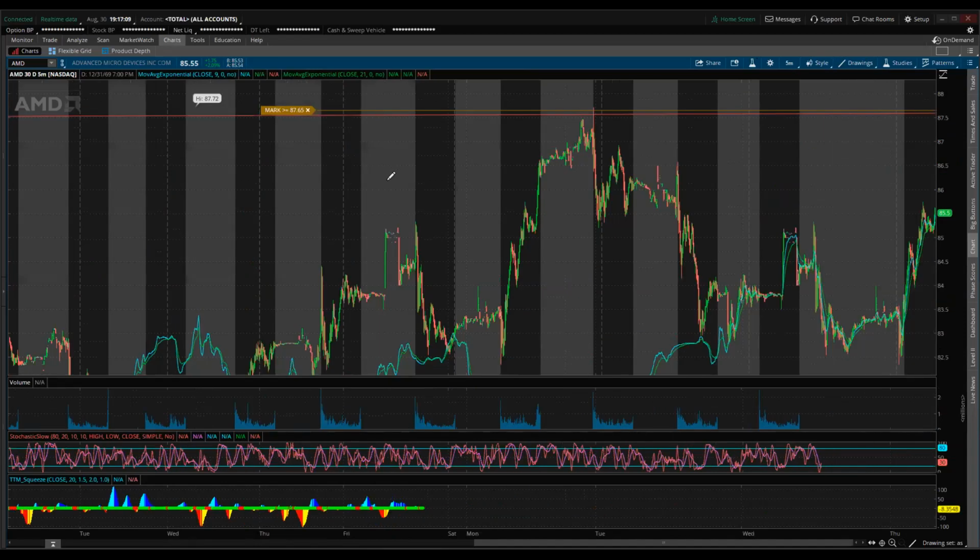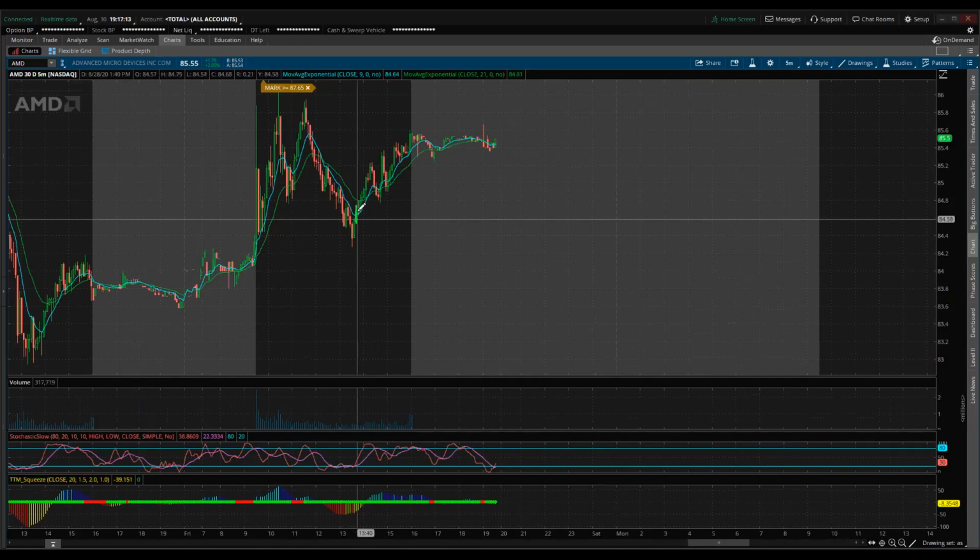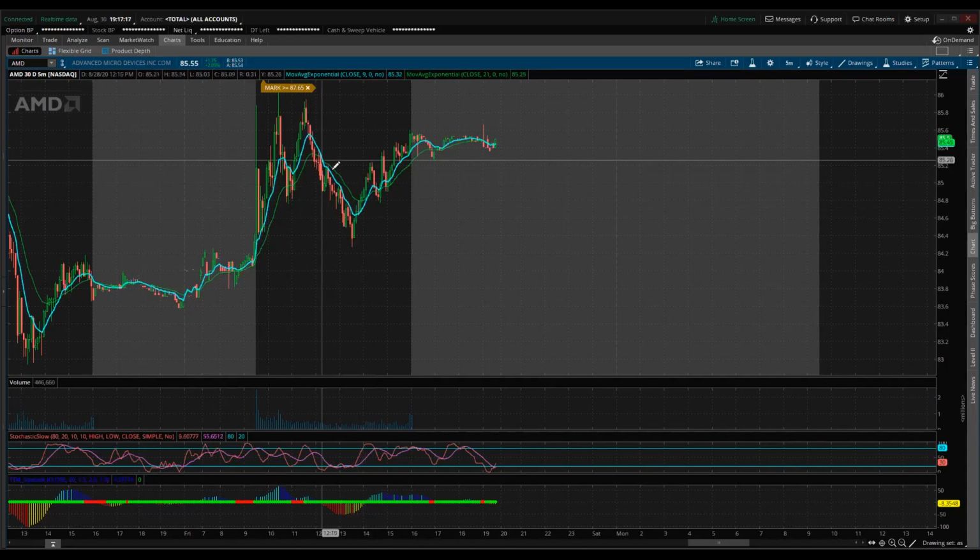So it just shows the last 9 candles of price in one line. The same with the 21, but the last 21 candles. Same with the 50 and the 200 if you use those.